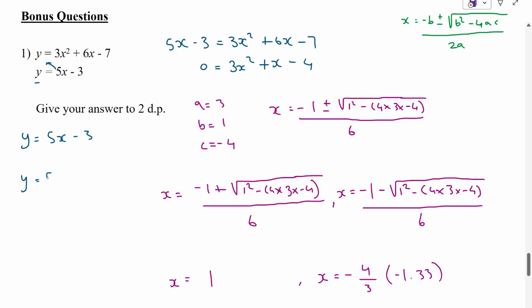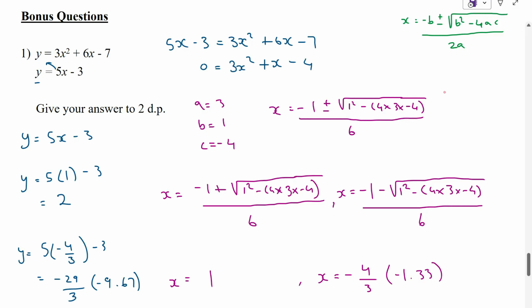So y equals 5 multiplied by 1 minus 3, and y equals 5 multiplied by minus 4 over 3 minus 3. So y equals 2, and y equals minus 29 over 3, which when rounded to 2 dp is minus 9.67.